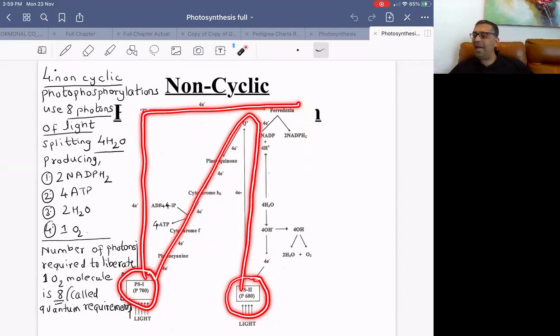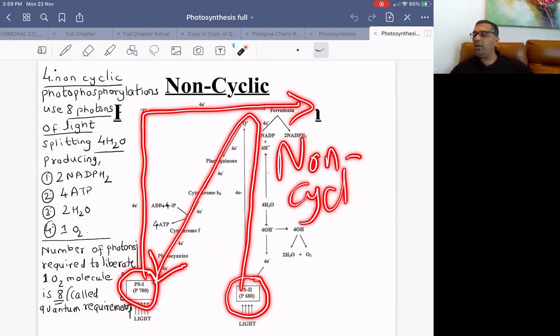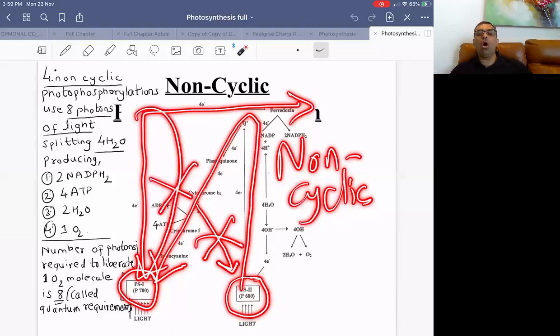So this process is a non-cyclic process, क्योंकि electrons are not returning back to their own photosystems.